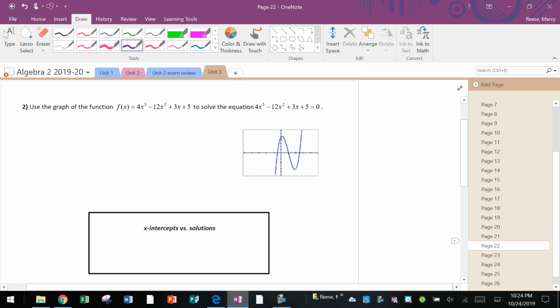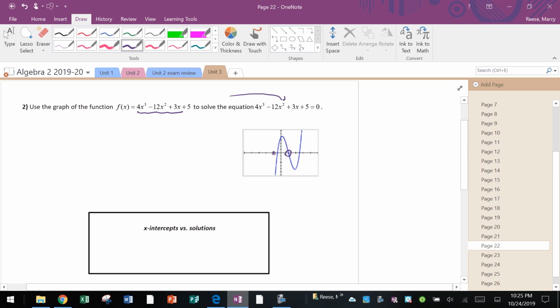Okay, so now this one, I gave you the function. And now I want to solve it, right? So I gave you the graph to the side here. Now you can see that there is clearly a root at x equals 1, although maybe you can't see clearly, but that's what's there.